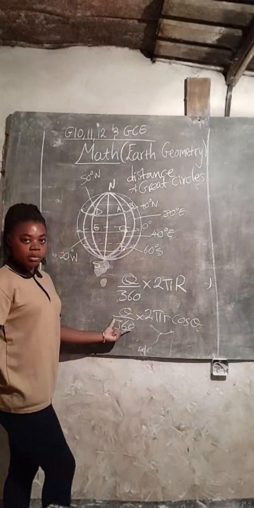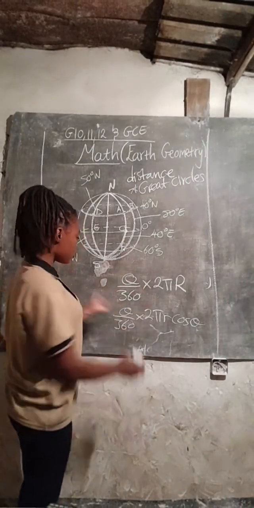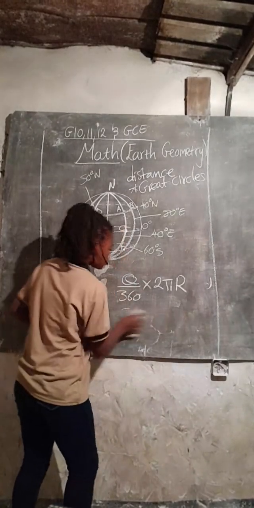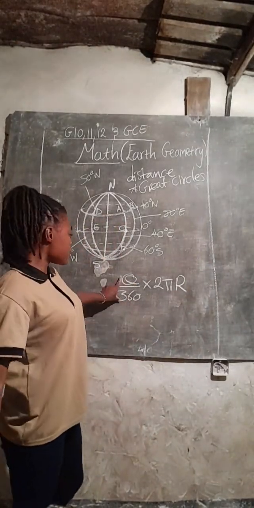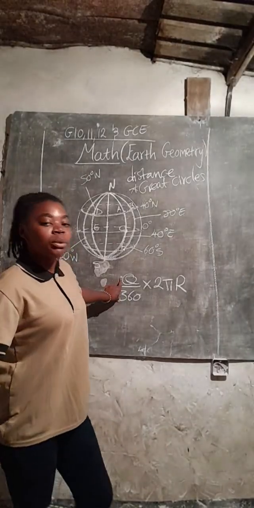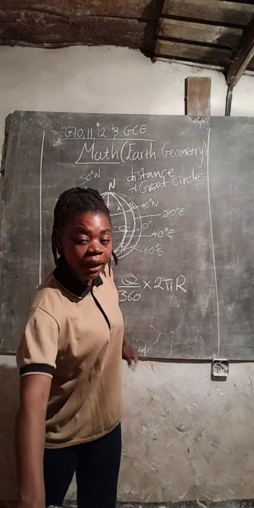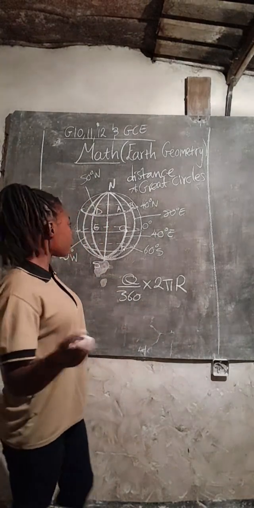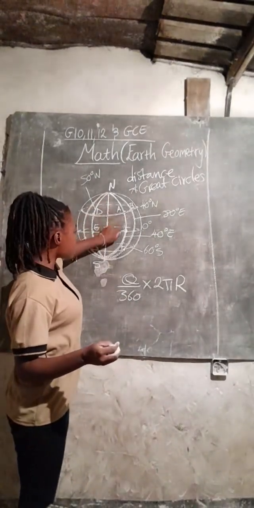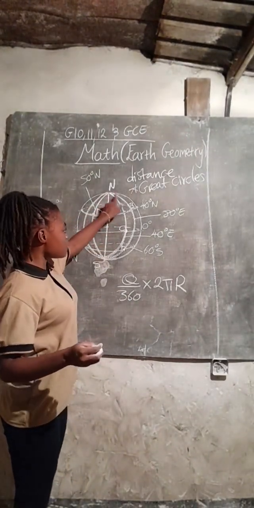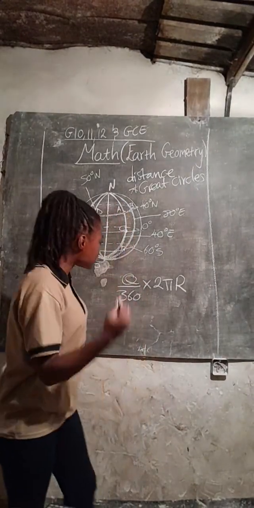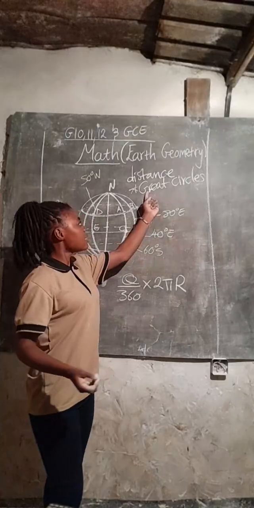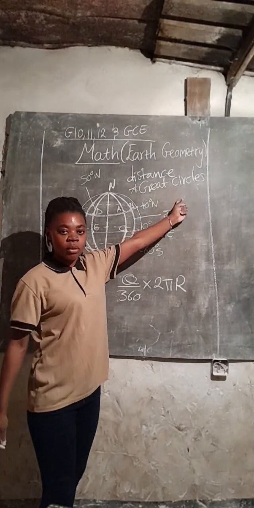This one is for small circles. We'll talk about it as we continue. For now, I want you to draw your attention to this formula. You will only use it when you're calculating the distance of points that are sitting on the same longitude. And when they are sitting on the same longitude, we say it is a great circle.